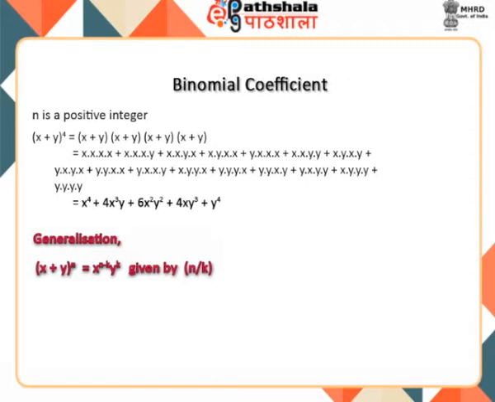It is the number of ways in which we can choose k factors to provide the y. The number n choose k is termed as the binomial coefficient.